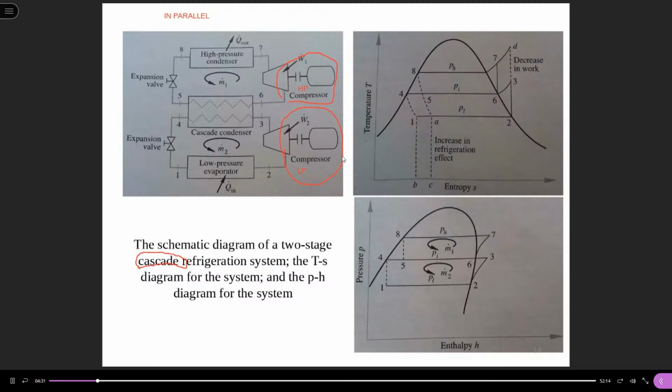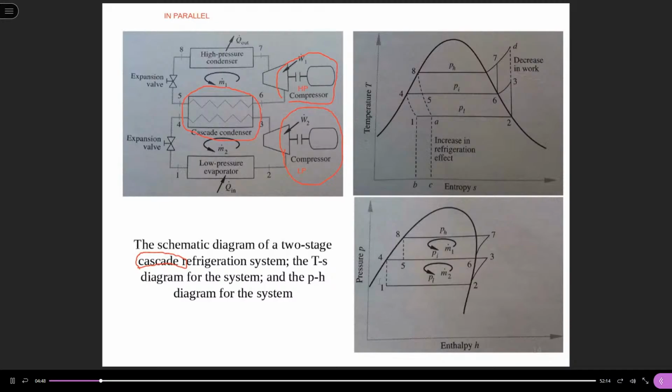Between them, the link of the two loops is the cascade condenser.